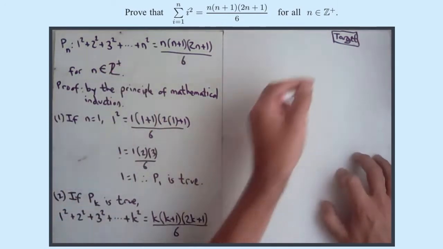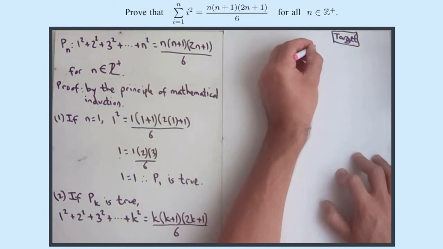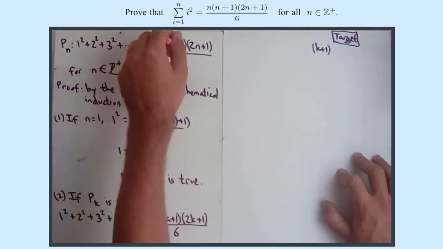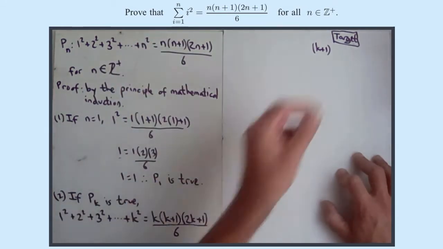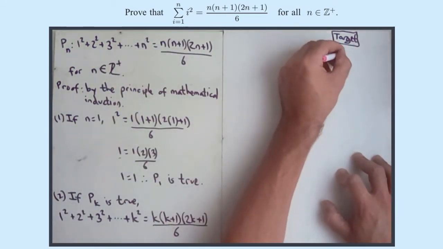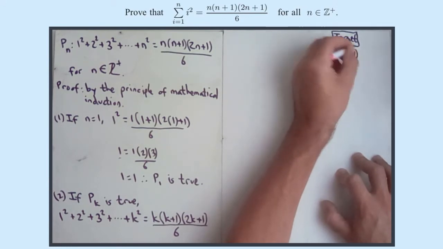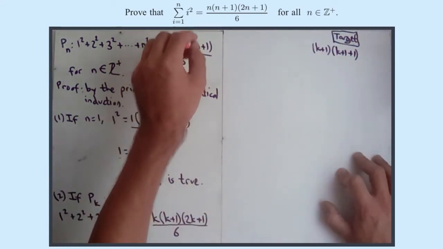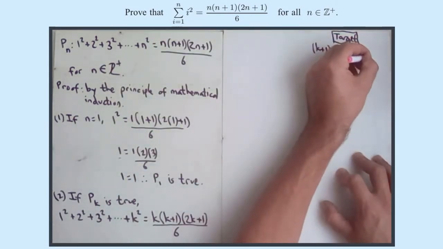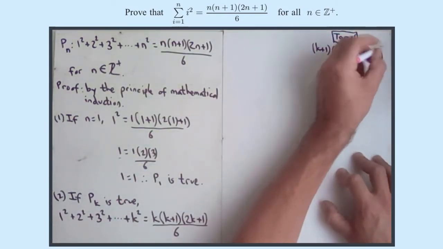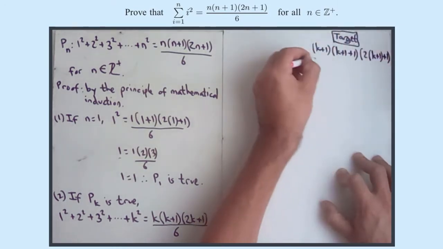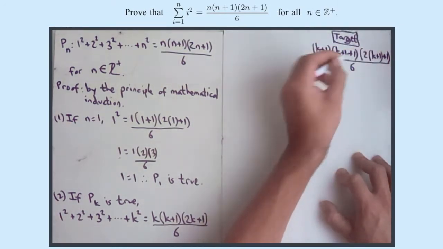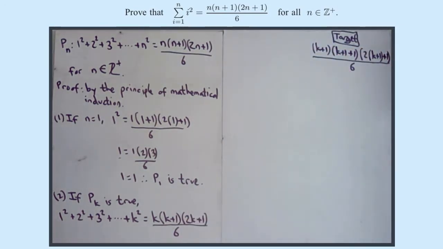You can use a bracket if you need to. The n becomes k plus 1, the n plus 1 becomes k plus 1 plus 1, and the 2n plus 1 becomes 2 times (k plus 1) plus 1. It's all of that over 6. That is what we're looking to show once we do all this manipulation.